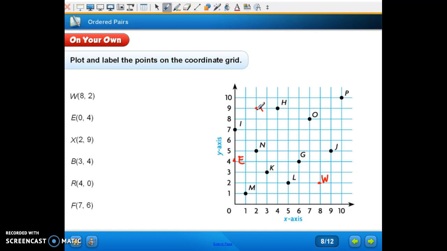B is over 3, up 4. R is over 4, up 0, so it stays right there on the x-axis. And F is over 7, up 6. That is F. So that's what they look like.